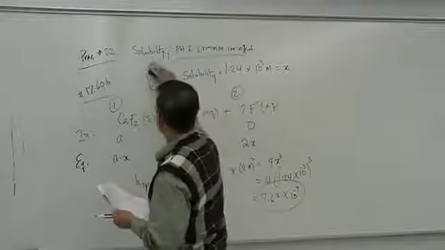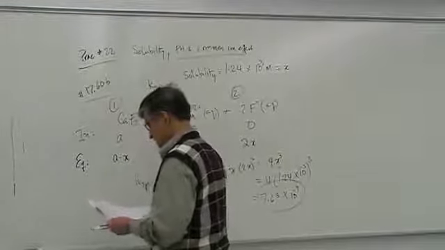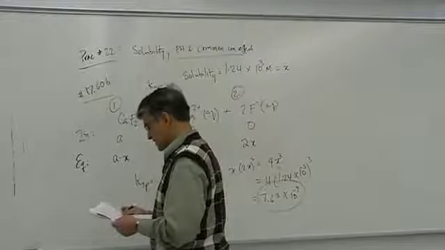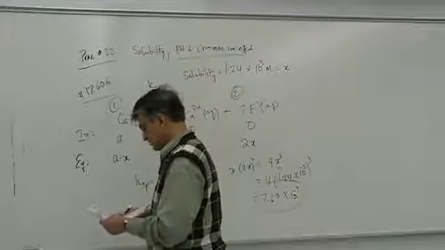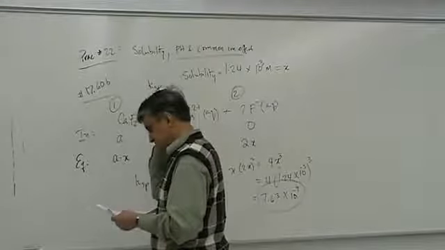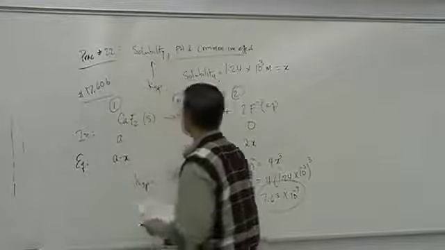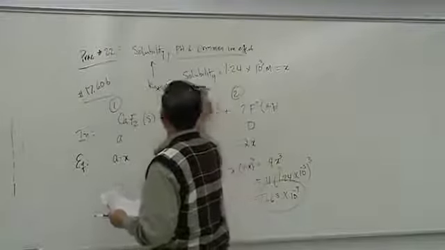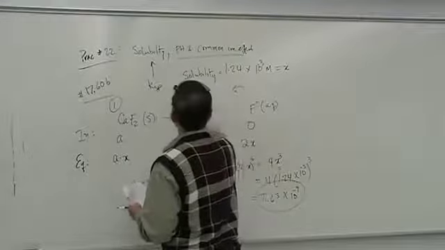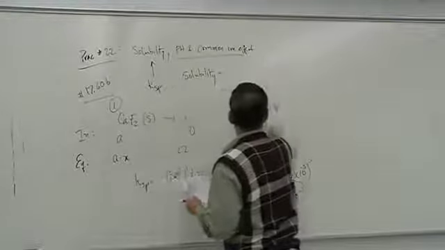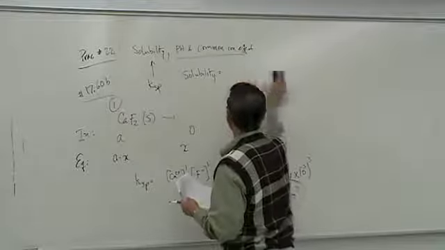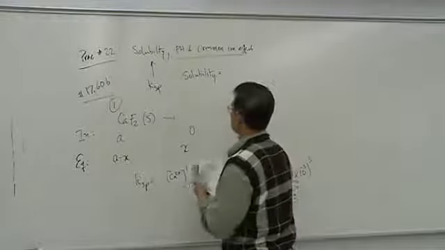So here Ksp is given, and you need to get the solubility at a particular pH. So here, in this problem, you need to get solubility. So let's have a question mark here.